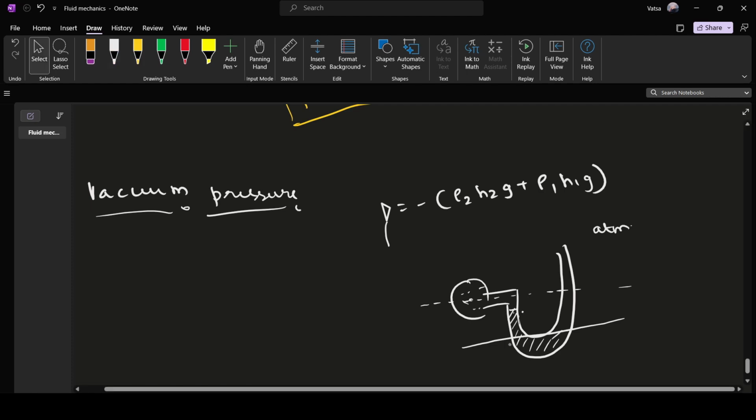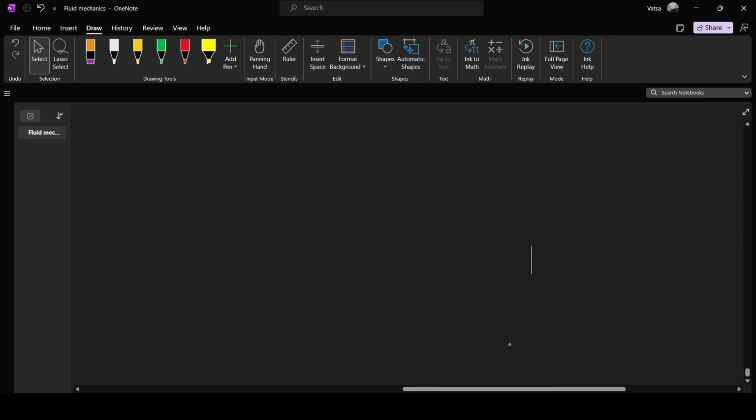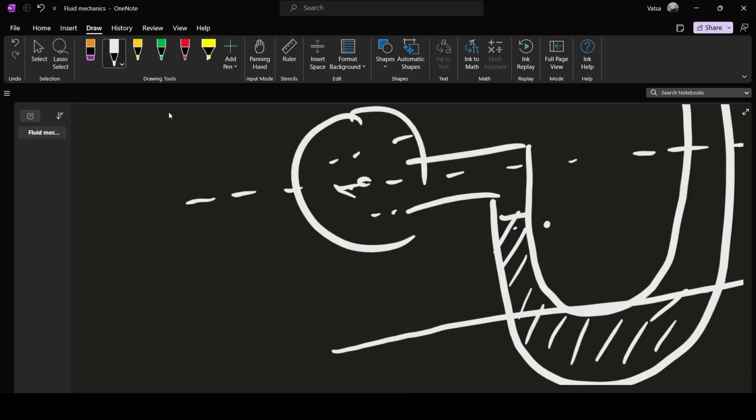I'll just zoom in a little bit so that I can give a clear-cut idea. So our H2 is this one, while our H1 is this. We're getting it, right? So this is our H1, and the shaded part till the datum line is our H2. The height of this liquid from the center line is H1.